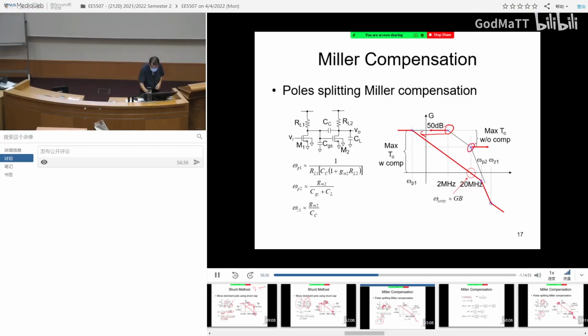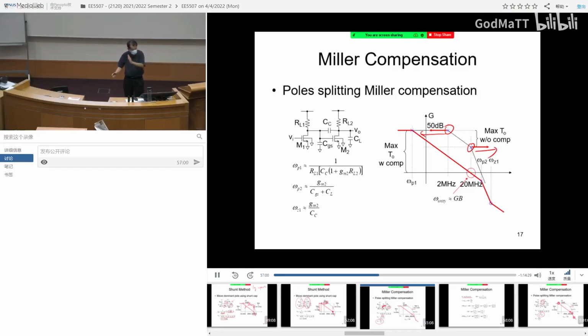But this one moving to the right is telling you my phase is going to drop to 135 degrees at a higher frequency. So combining these two effects, you don't have to move all the way to the left, unlike the shunt method, because in the shunt method, the 135 degree is fixed.